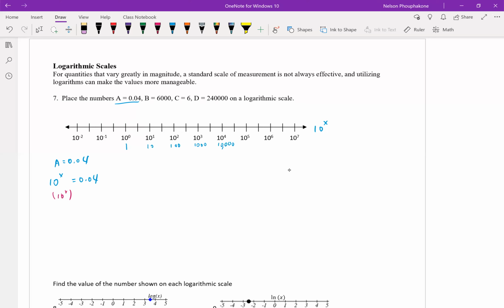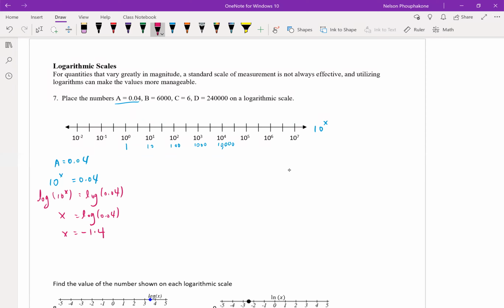In this case, I should use the common log because the base is 10. We know that the common log of 10 to the x is just equal to x. Then, if you use your calculator, you will find that the common log of 0.04 is about negative 1.4.